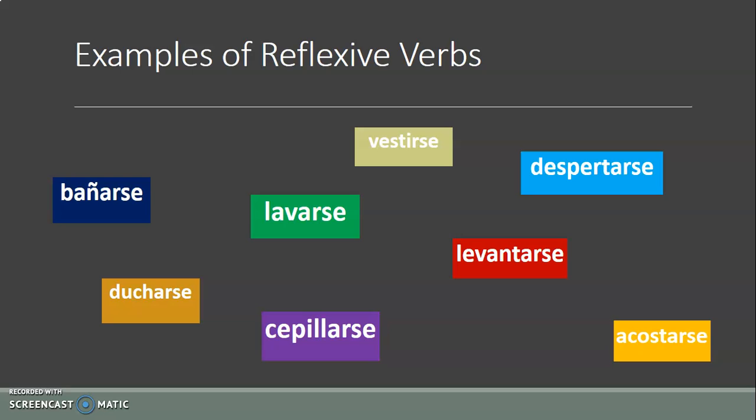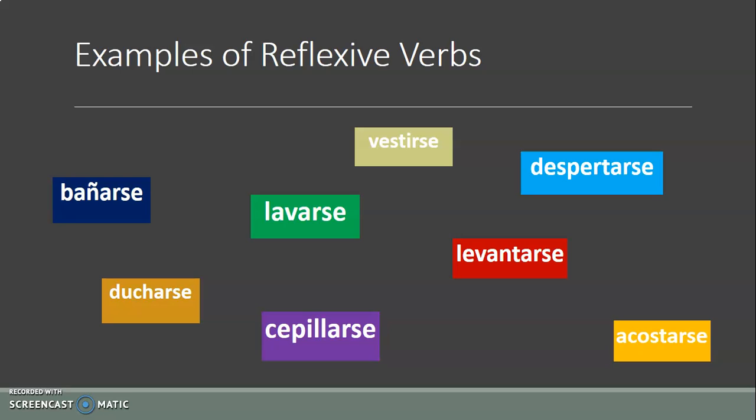So we have bañarse. I'm going to start from left and go up and down until I end up on the right. So let's start with the blue box to the left, bañarse. Bañar on its own means to bathe, but bañarse means to bathe oneself. And as we talk about that, I want you to look at all of these verbs. What do they have in common? I think I just pointed it out.